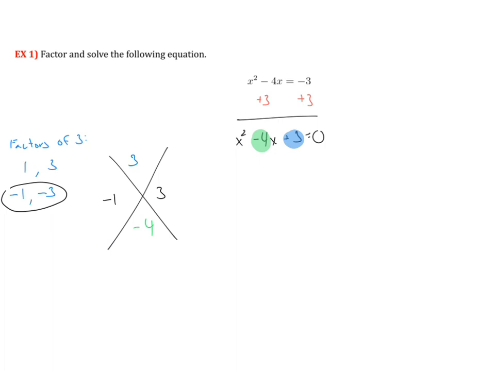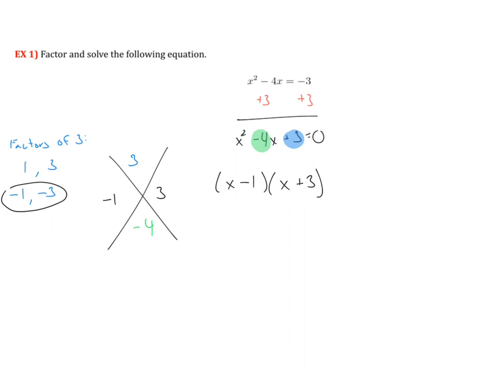Now, we're going to go ahead and rewrite this all factored out. So this is how we're going to write it. We're going to take x, and we're going to subtract 1 because I have a -1. And this is going to get multiplied with x plus 3 because we have a positive 3, so that gives us x plus 3.